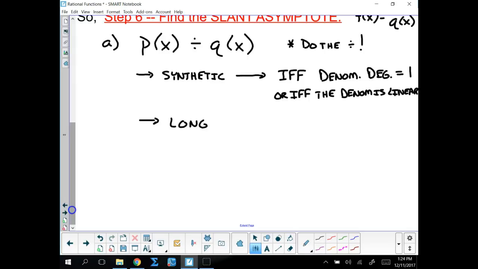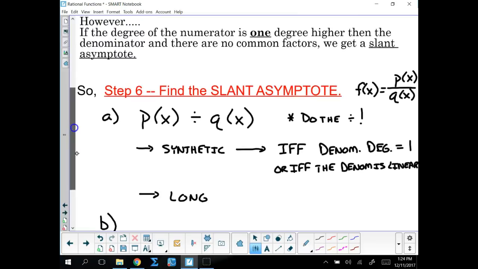You're going to get yourself a result. That result is going to possibly, or will it, have a remainder? Yes or no? Always?